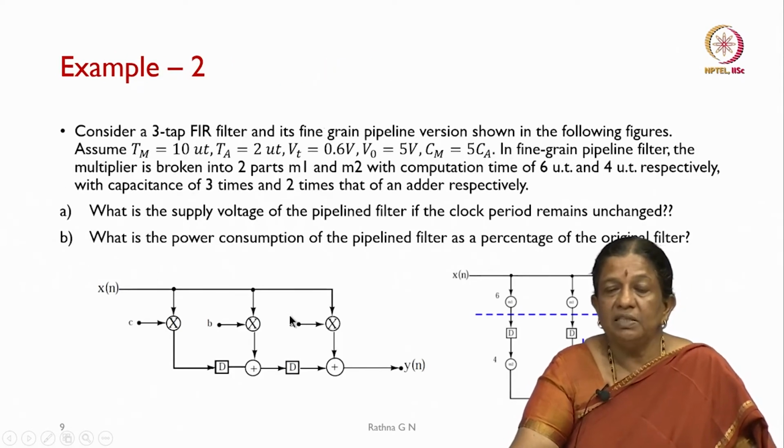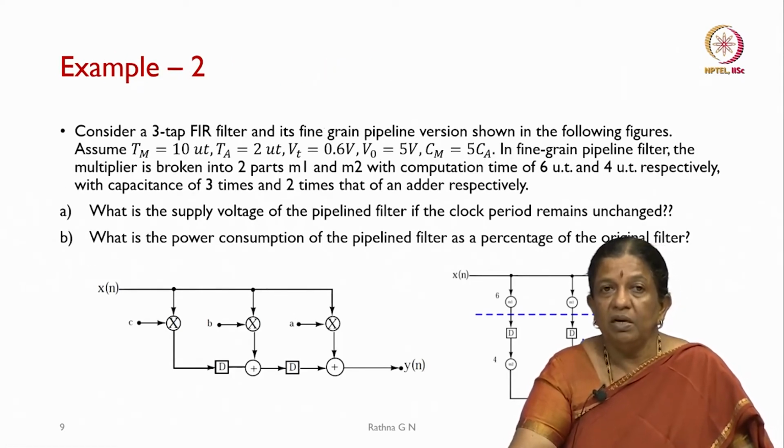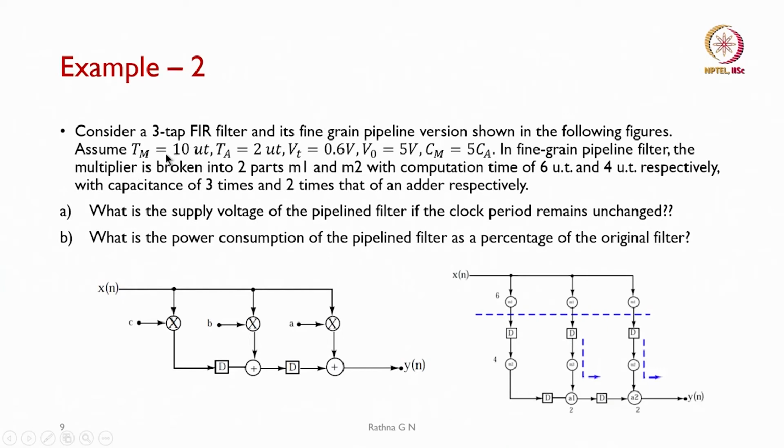So, we will consider an example here: a 3-tap FIR filter and its fine grain pipeline version. It is shown in the following figure, with the original 3-tap FIR filter and our fine grain parallelism.